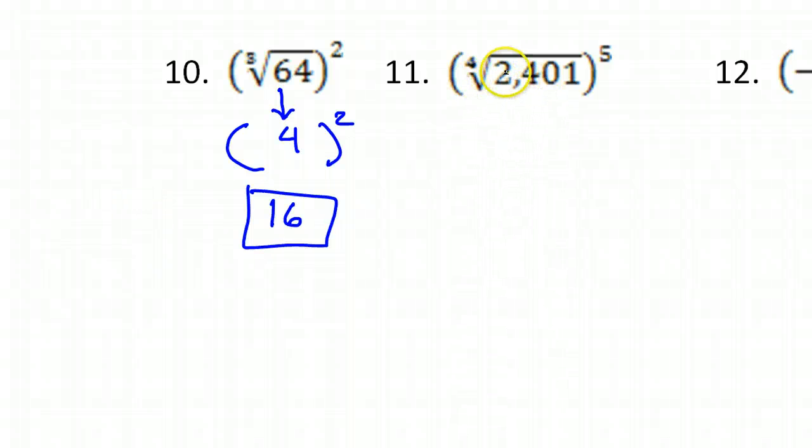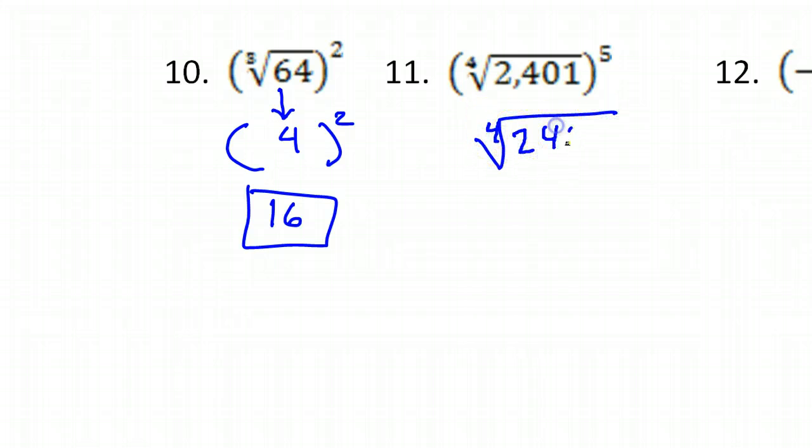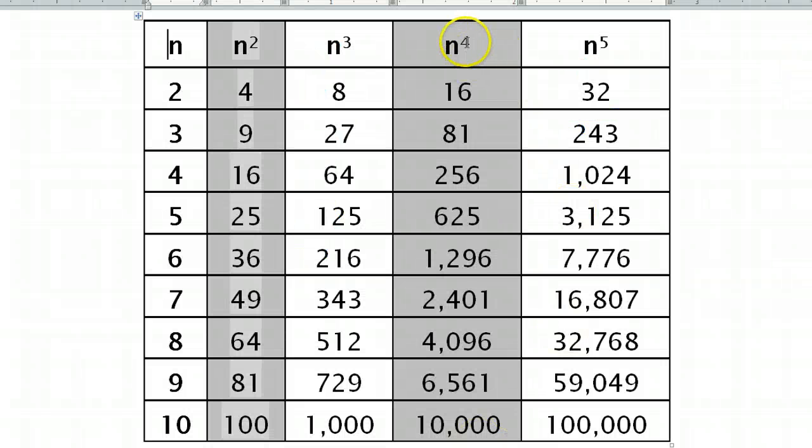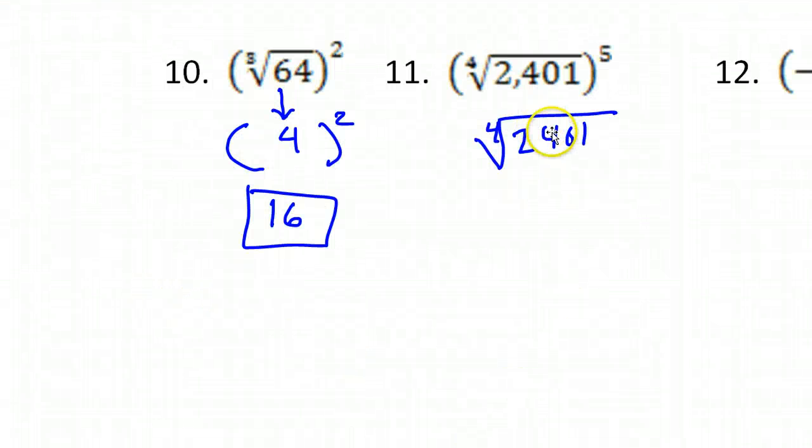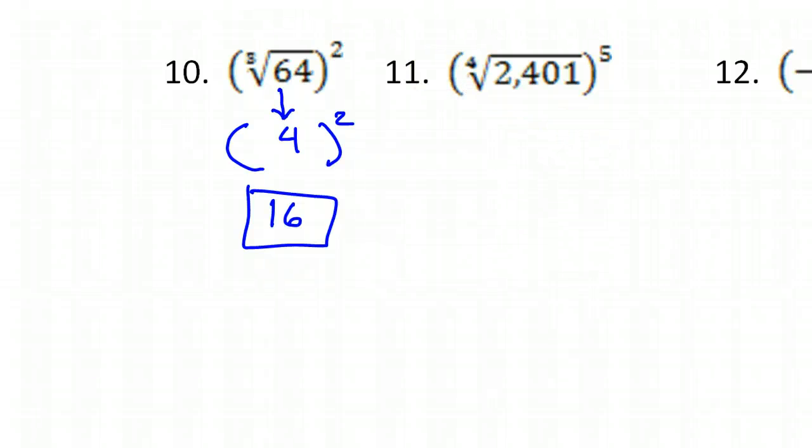Alright, similarly for number 11, first we just look at the fourth root of 2,401. Okay, so fourth root, 2,401, that is 7. Fine, so we got 7. That means this inner part here is 7.